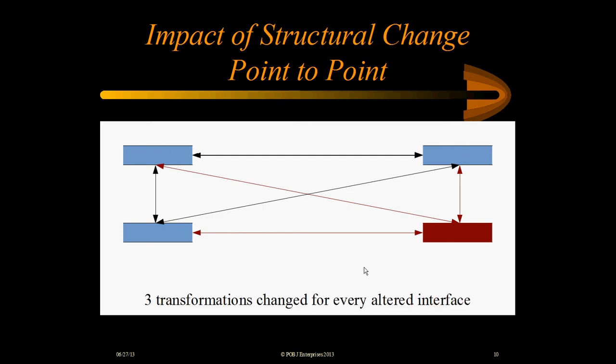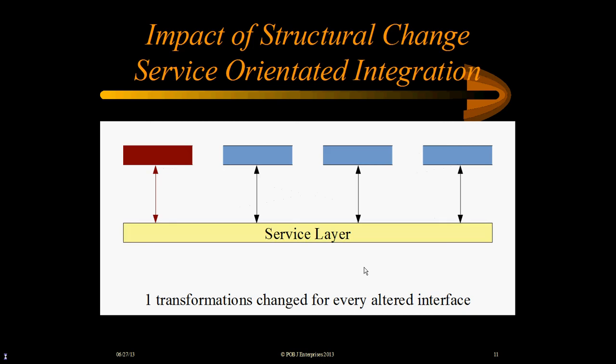Okay, so every time we alter an interface, we've got a number of transformations to look at. Now, in the service layer, that's a little different. If I change an interface, I only have one transformation to deal with.